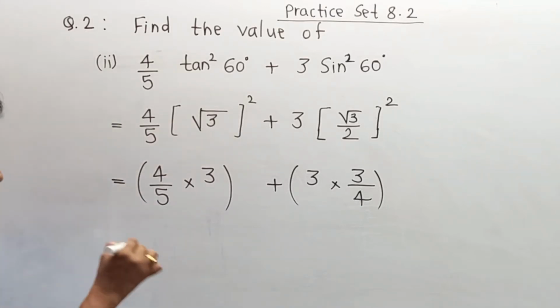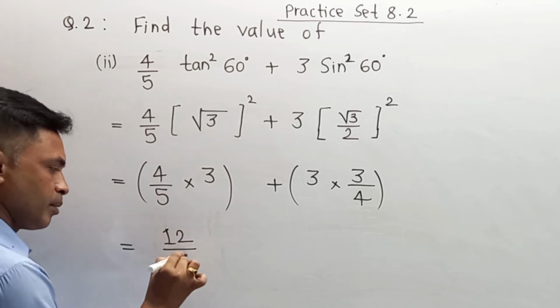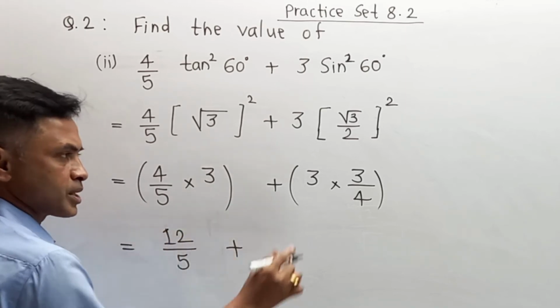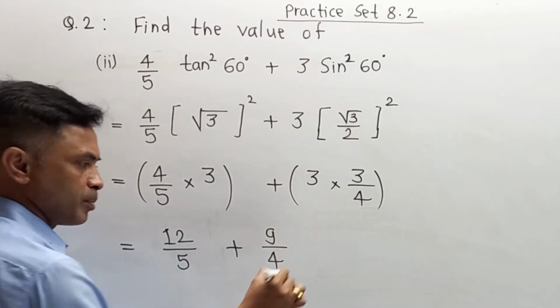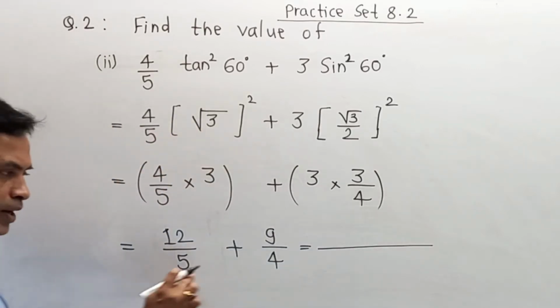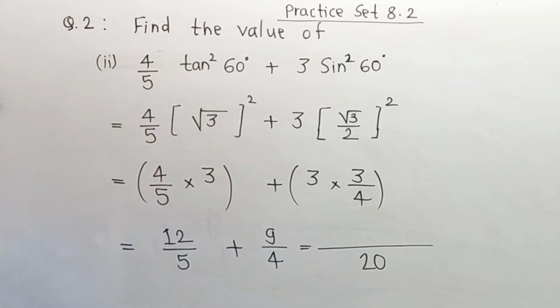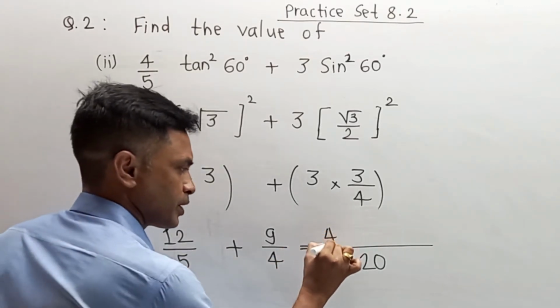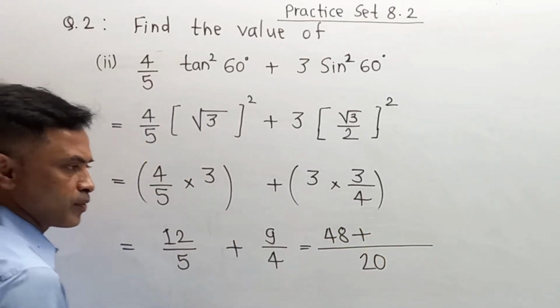Now the next part for simplification. 4 into 3, 12 upon 5, plus 3 into 3, 9 upon 4. Now simplifying that, the common LCM is 5 into 4, 20. Now 4 into 12 is 48, plus 5 into 9 is 45.